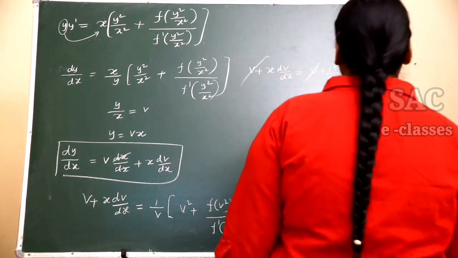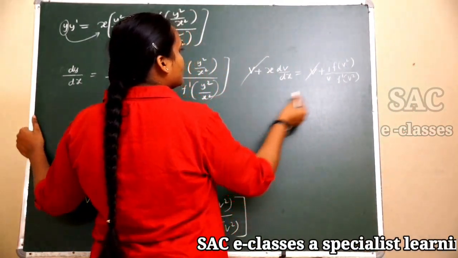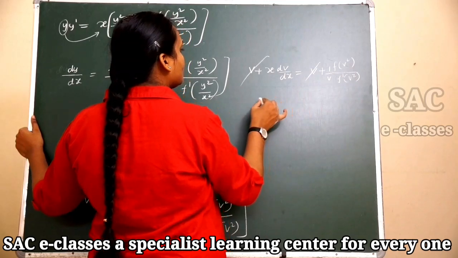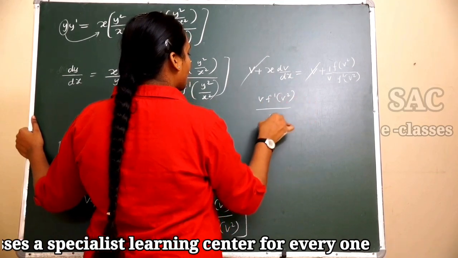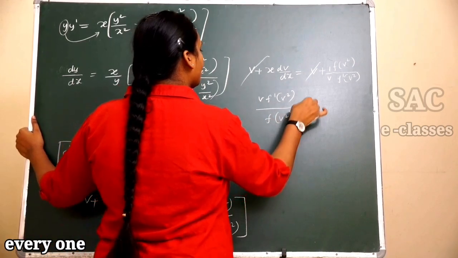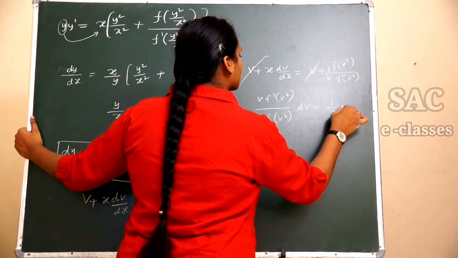V and v get cancelled. Now separating the variables, v into f dash of v square by f of v square dv is equal to 1 by x dx.